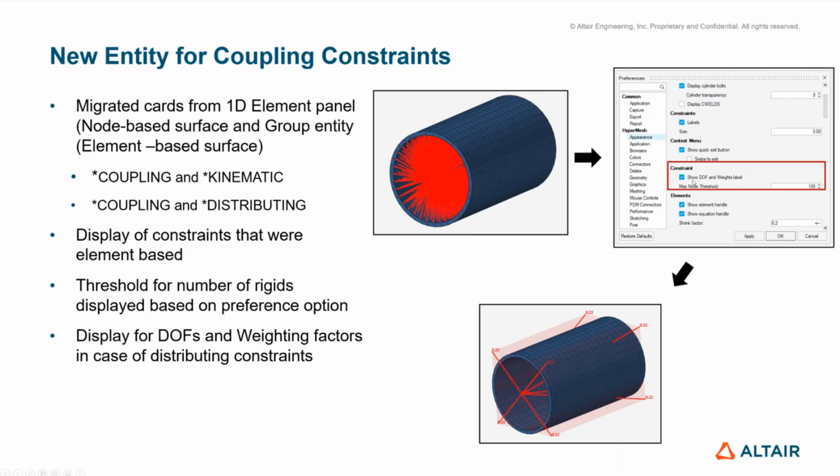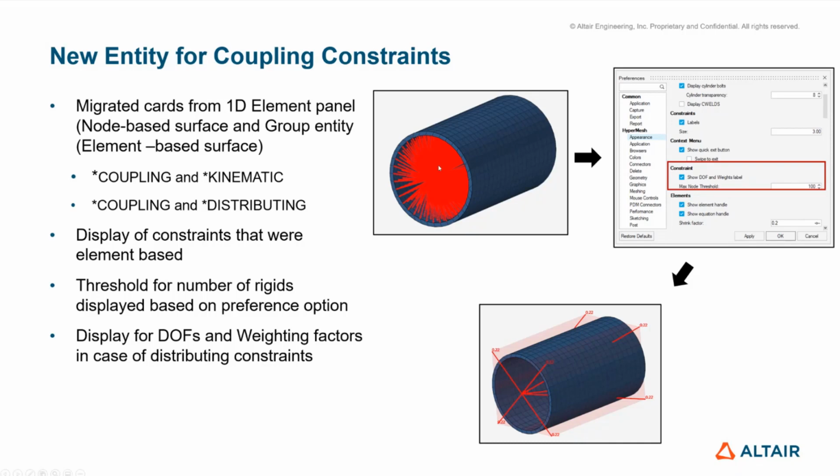And on top of that, obviously, you also have show degree of freedom and weight labels. Degree of freedom, obviously, at the independent node, you would show what are the degrees of freedom that are constrained. In this case, I have 1, 2, and 3 constrained, and you can see that. And the weight labels, this comes for the RB3s, right? The RB3s can have a weight label attached to each link, and you would be able to see the weight label.